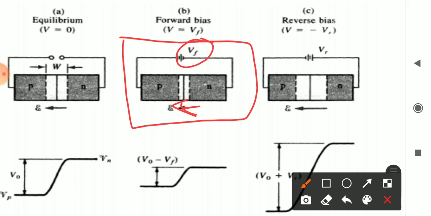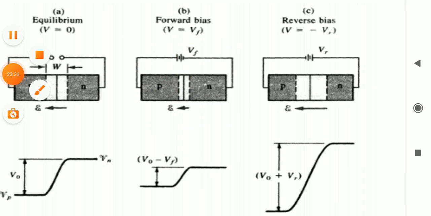Now the Vf, the applied forward voltage, always flows from the positive side to the negative side. What you can see here, the electric field is exactly opposite to each other. Because of that reason, the depletion width decreases.